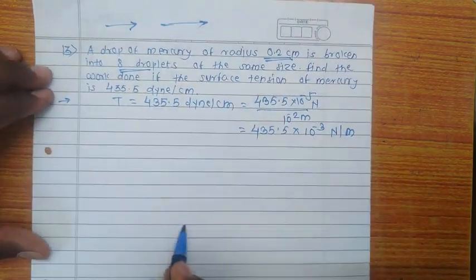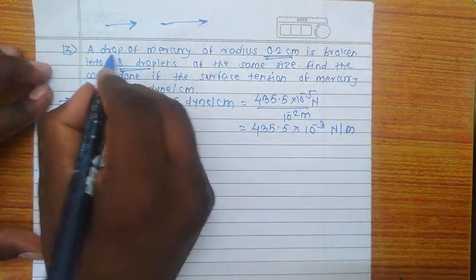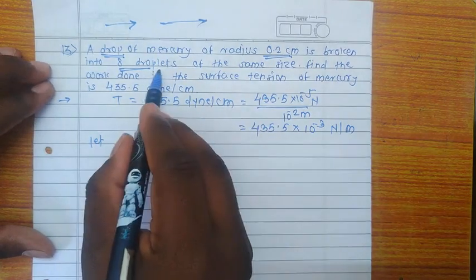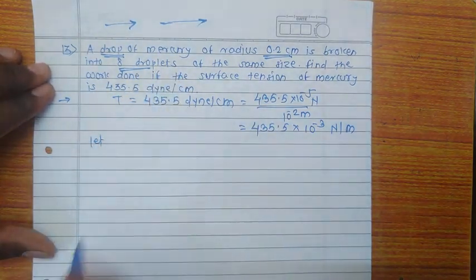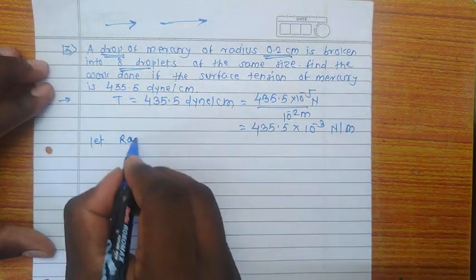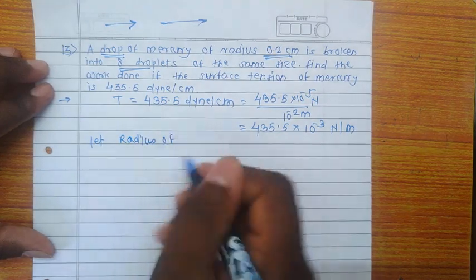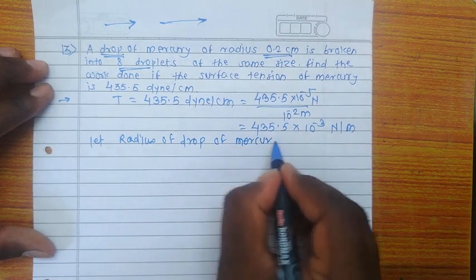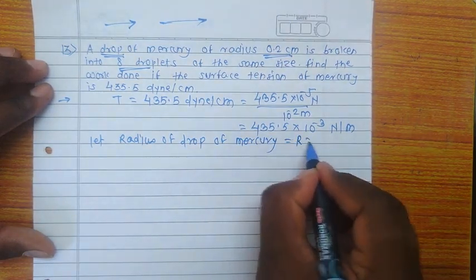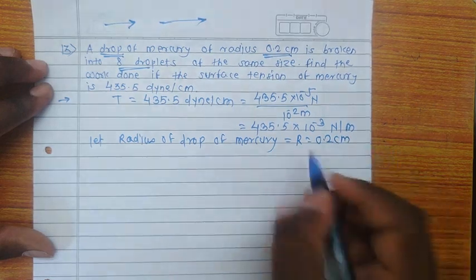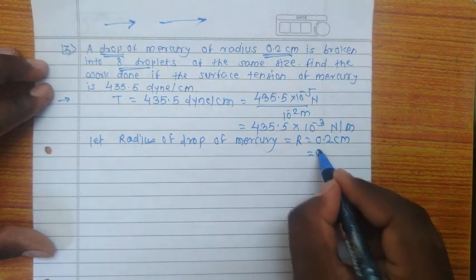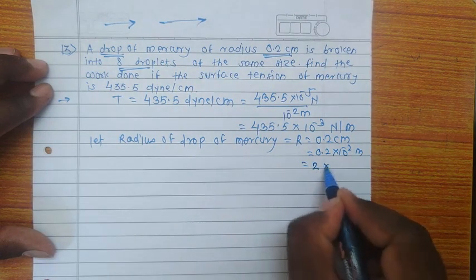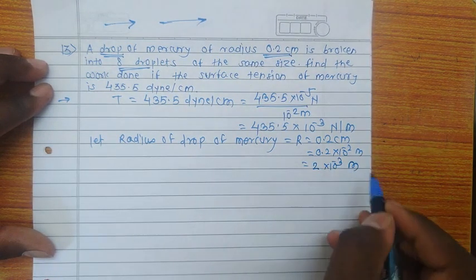Now let's say that जो ड्रॉप जो है मर्क्यूरी का उसका रेडियस कैपिटल R कंसिडर करेंगे और जो ड्रॉपलेट्स फॉर्म हो रहे हैं उसका रेडियस स्मॉल r कंसिडर करेंगे. So therefore radius of drop of mercury is equal to capital R is equal to 0.2 centimeter, which will be equal to 0.2 into 10 raised to minus 2 meter, which will be again equal to 2 into 10 raised to minus 3 meter.